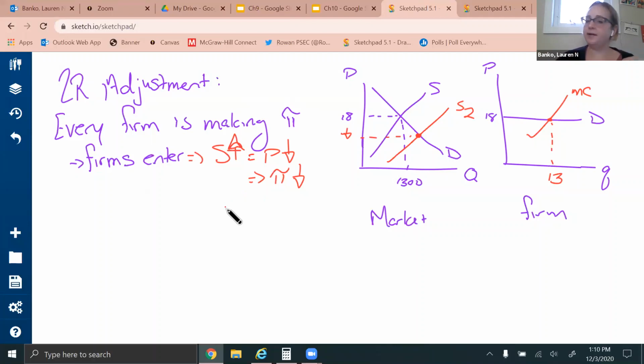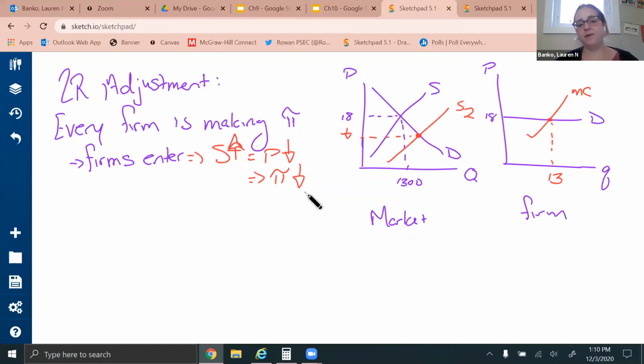And if we're making a negative profit, well, the opposite adjustments are going to happen. Some of these firms that are making negative profits are going to leave. They say, I have better things to do with my time and money and effort. So they leave, our supply in the market is going to fall, which causes price to rise, and then profits are going to rise. And remember, this is kind of like a seesaw.